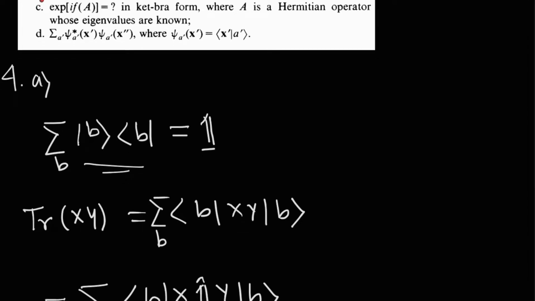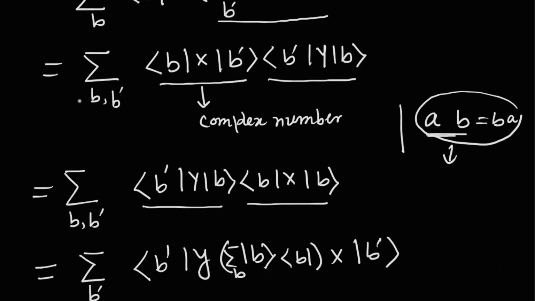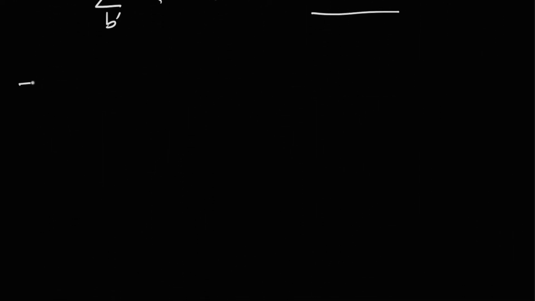In the second question, it is asked to prove that (XY) dagger is equal to Y dagger X dagger. So let us prove that. Suppose that Y acted on a ket |alpha> gives another ket vector |beta>.